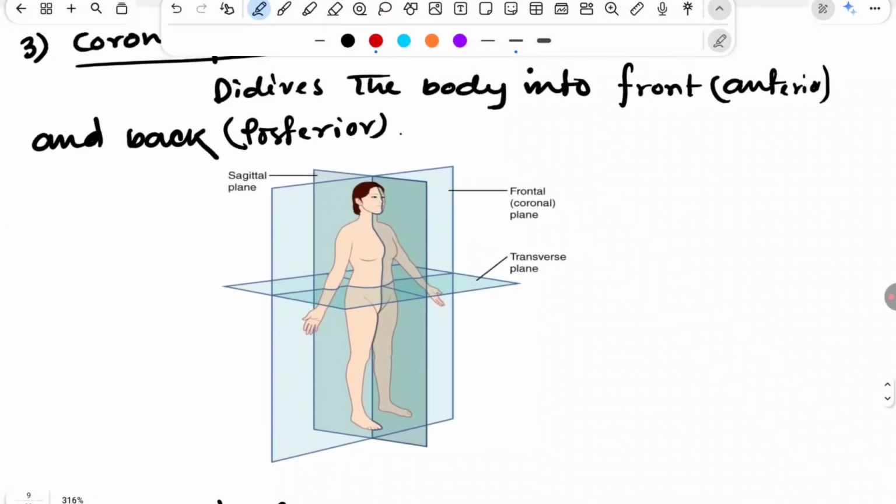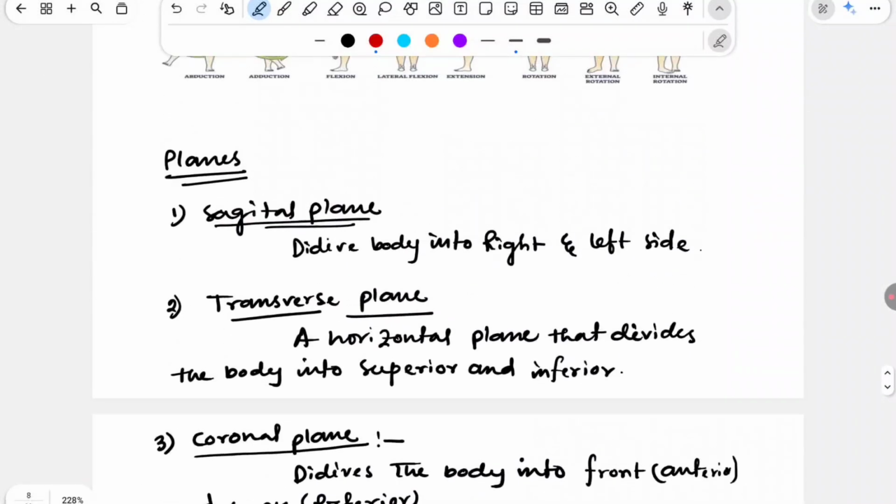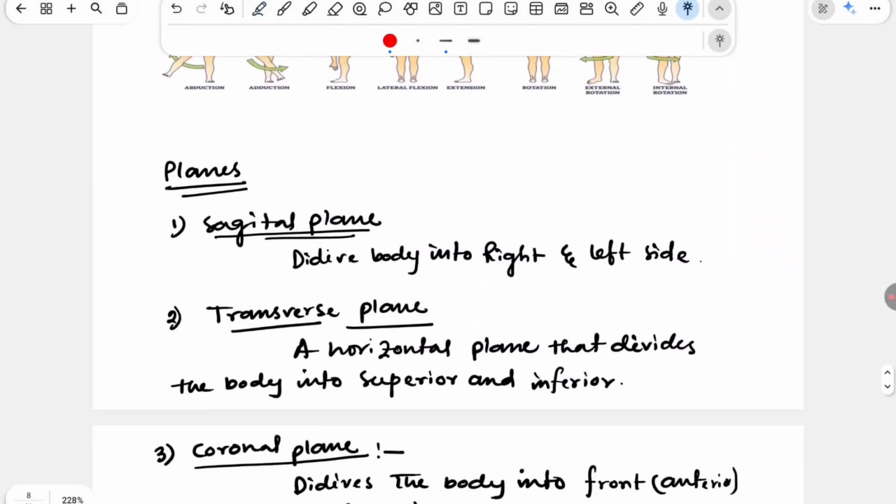So how many planes did we discuss? We will do one short revision. The sagittal plane divides our body into right and left.